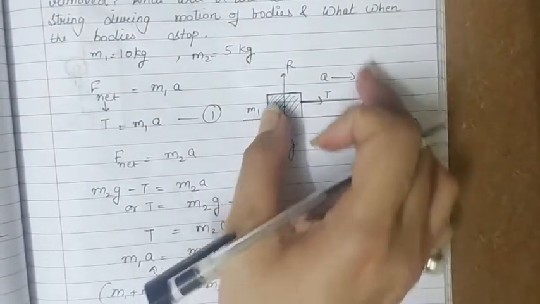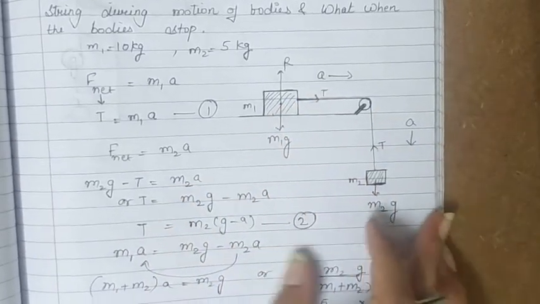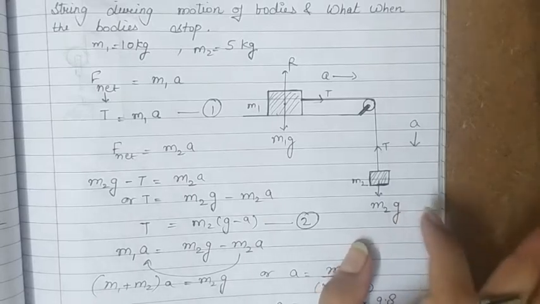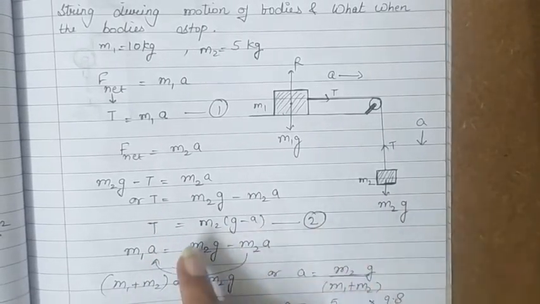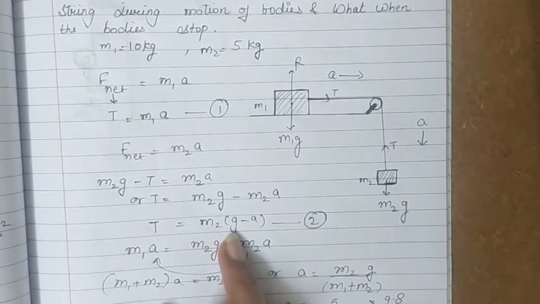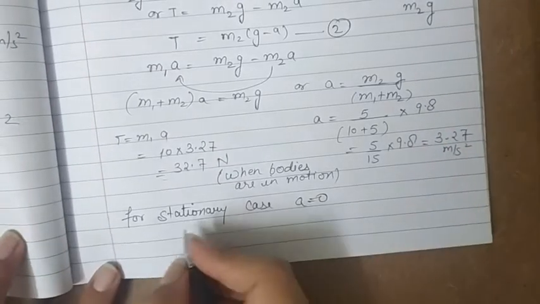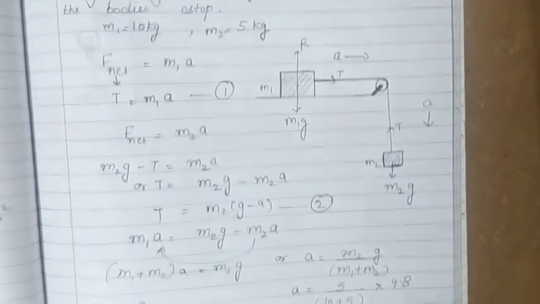A is equal to 0. That means this object will not move. Tension here will become completely zero. But here at the second object, m2g is still acting. So from equation number 2, if we put a is equal to 0, still T is equal to m2g. So the tension T is equal to m2g, means there is force acting on this object also.